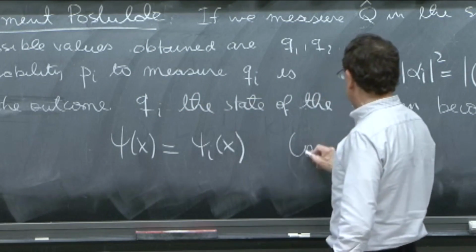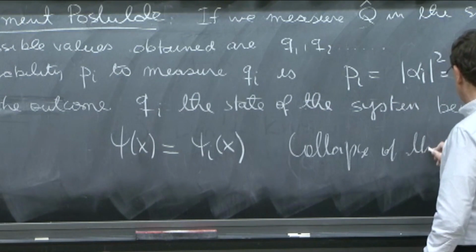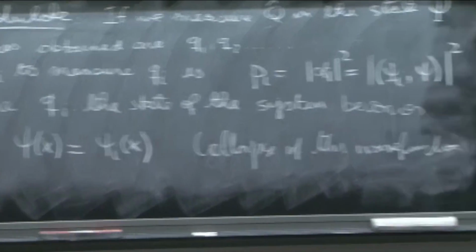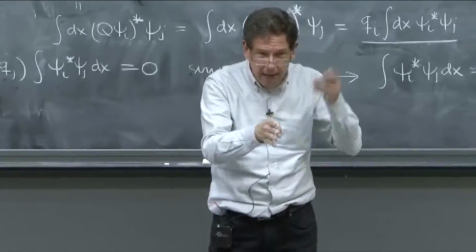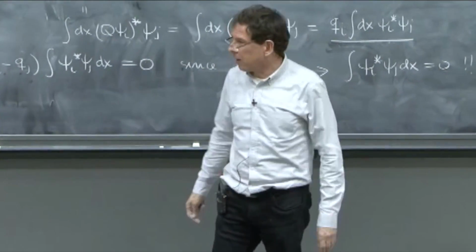And this is the collapse of the wave function. And it also means that after you've done the measurement and you did obtain value Qi, you stay with psi i. If you measure it again, you would keep obtaining Qi and Qi.